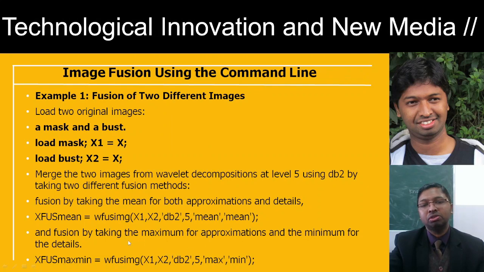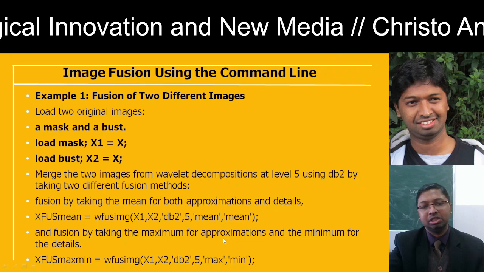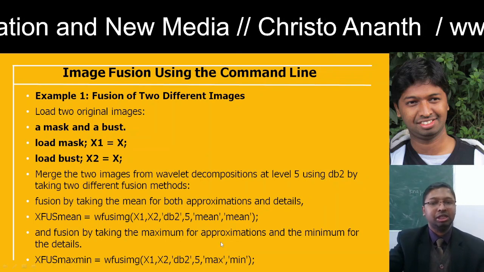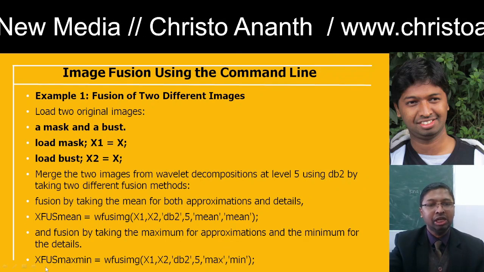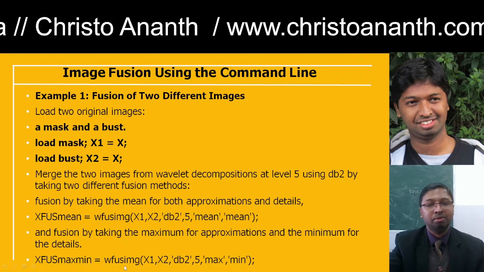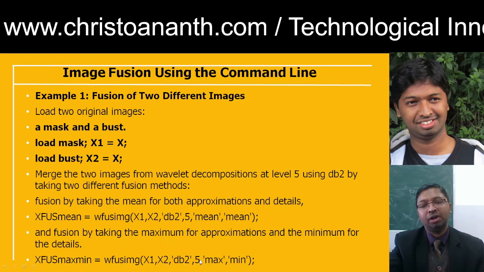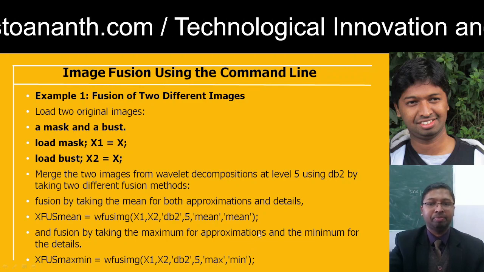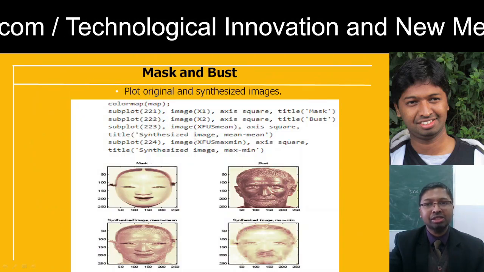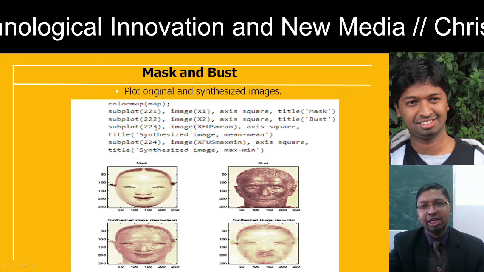Then you'll go with the fusion by taking the maximum from the approximation and maybe minimum for the details. So here you can see XFUSmaxmin is wfusimg(X1, X2, 'db2', 5, 'max', 'min').